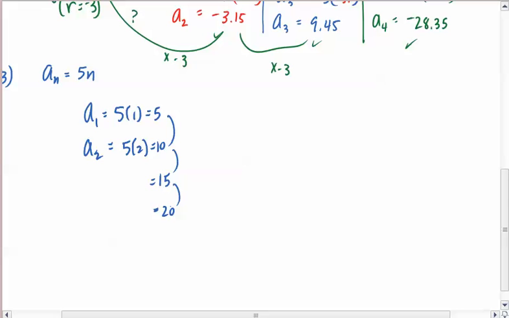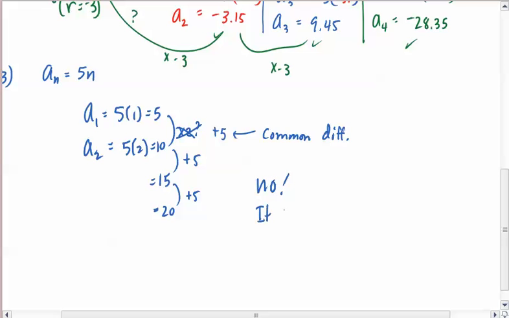It looks maybe like it's multiplying by 2, but then we look at this next one, and that doesn't work because that's not happening between 10 and 15. What's happening here is we're really just adding 5. Because we're adding 5, this is a common difference, not a common ratio. That's the difference between the numbers. So we're going to say, no, this is not geometric.